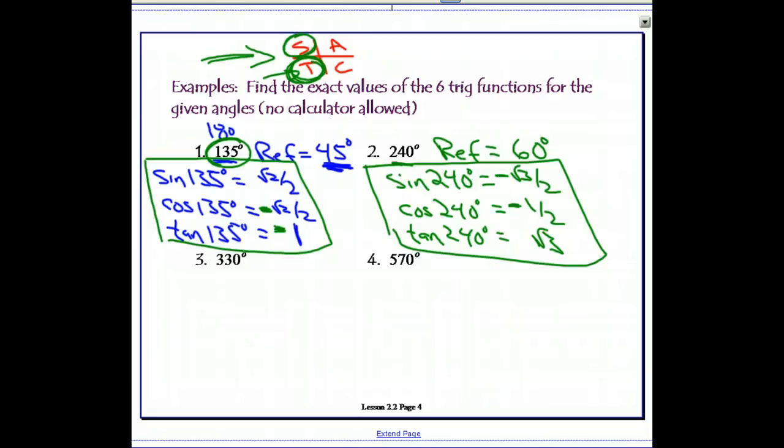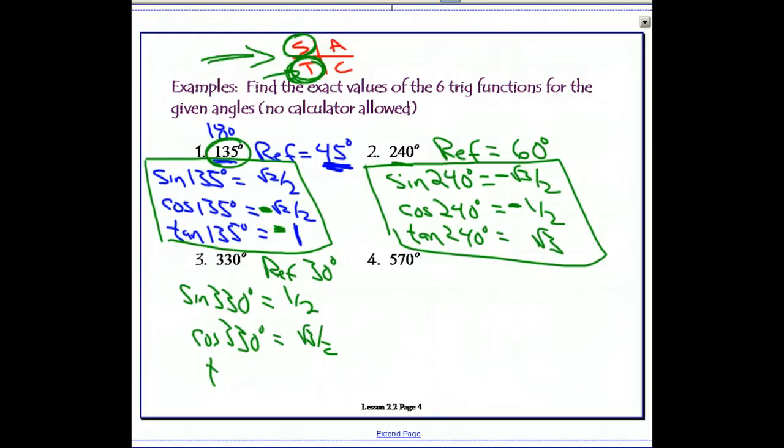330, reference angle, 30 degrees. What's the sine of 330 degrees? Same as the sine of 30 degrees. 1/2. What's the cosine of 330 degrees? Same as the cosine of 30. Square root of 3 over 2.